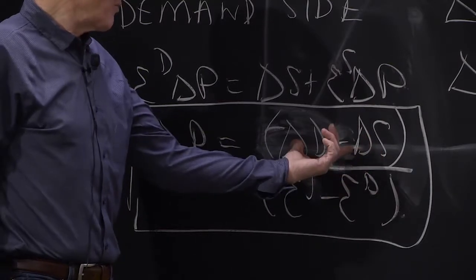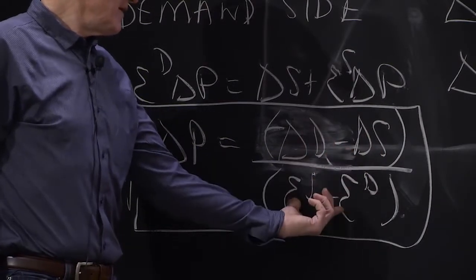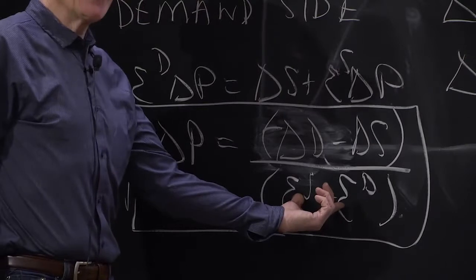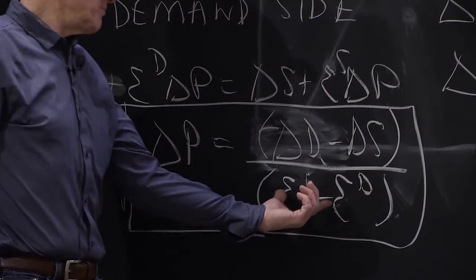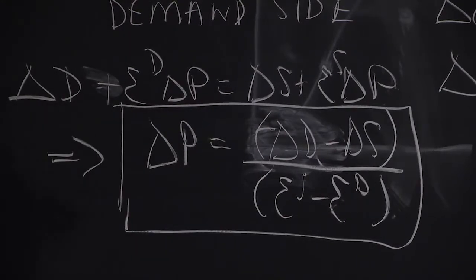So it's the growth in excess demand divided by basically the sum of the two elasticities, right? Because the epsilon D is negative. So it's basically the sum of the two elasticities.